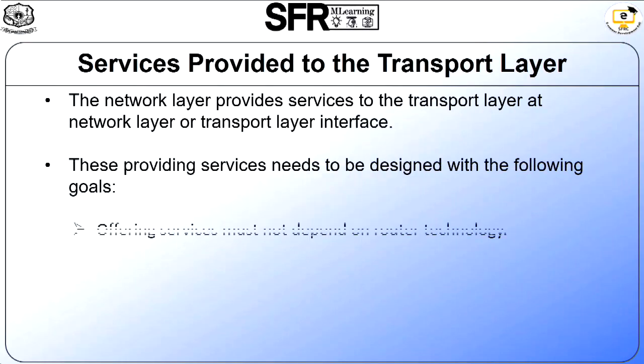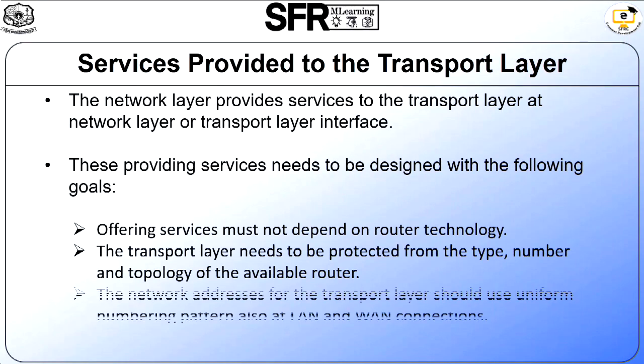Next issue, services provided to the transport layer. The network layer provides services to the transport layer at the network or transport layer interface. These services need to be designed with the following goals. The services should be independent of the router technology.